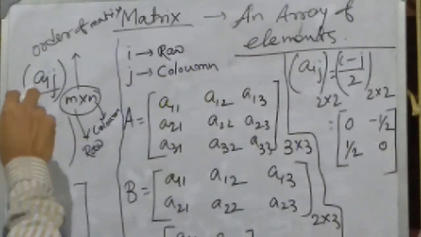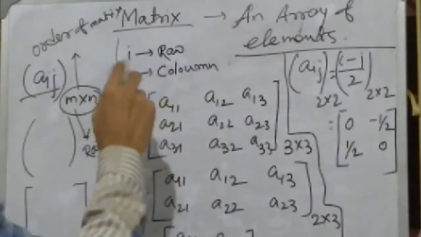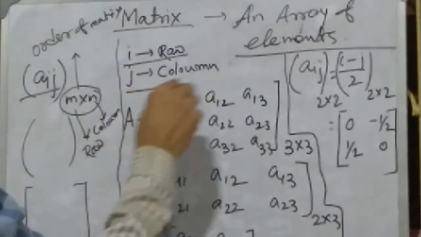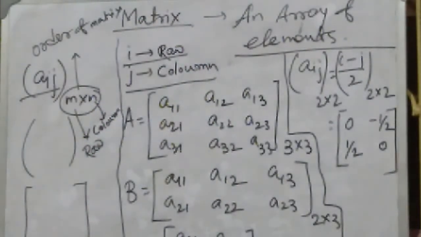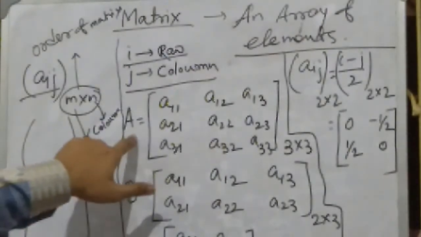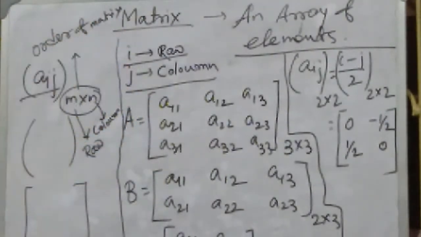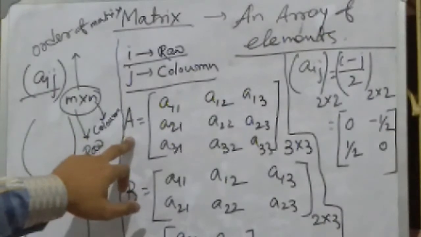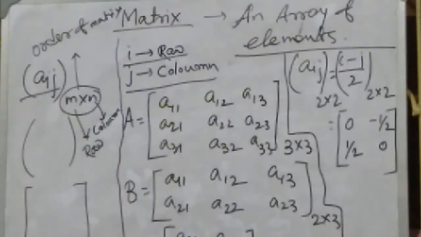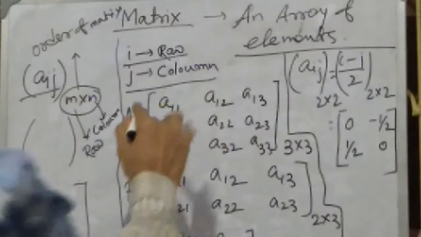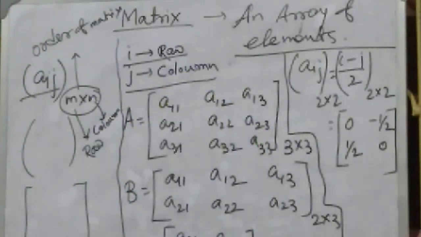This Aij means the row element and the column element. And one more thing, a matrix is always denoted with a capital letter, like A, B, C, capital X, and the elements inside are always small letters.